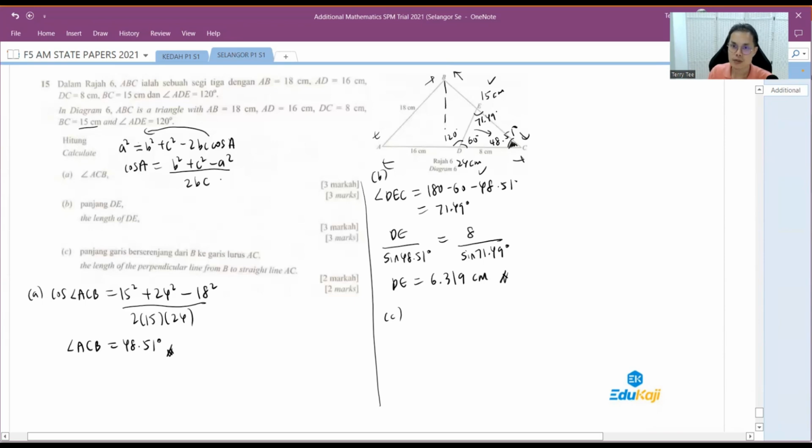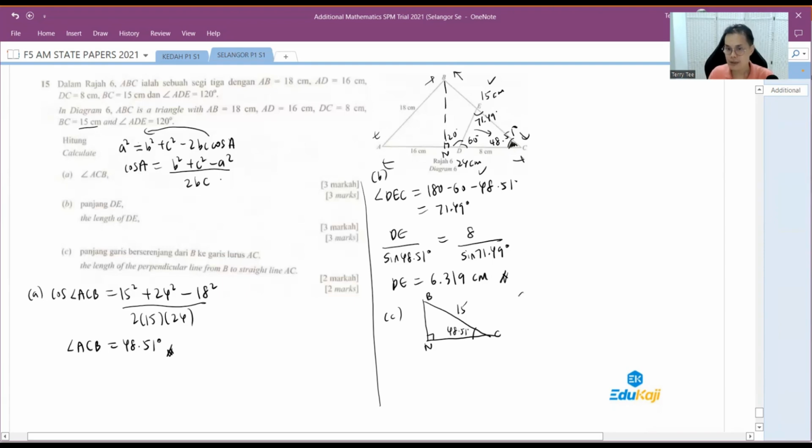Okay, lastly, find the perpendicular distance from B to straight line AC. Perpendicular distance from B to straight line AC is this. Okay, actually, I don't need anything else because I know that if this BC is 15, this is 90 degree, right? We can call this perpendicular distance, let's say I call it N. We know this angle, 48.51.